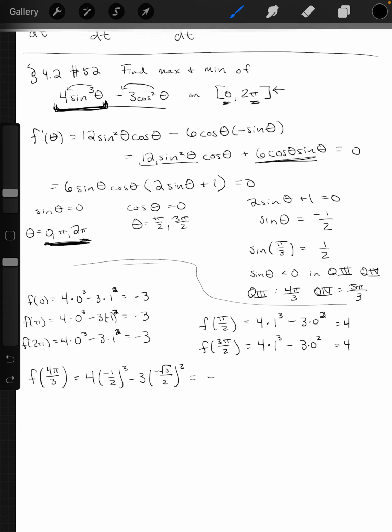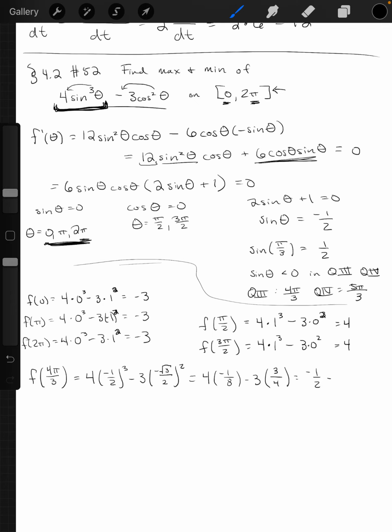Minus, well, let me do more steps there. So 4 times negative 1/8 minus 3 times 3 over 4. So we get negative 1/2 minus 3 minus 9/4. 1/2 is 2/4, so this is negative 11/4.